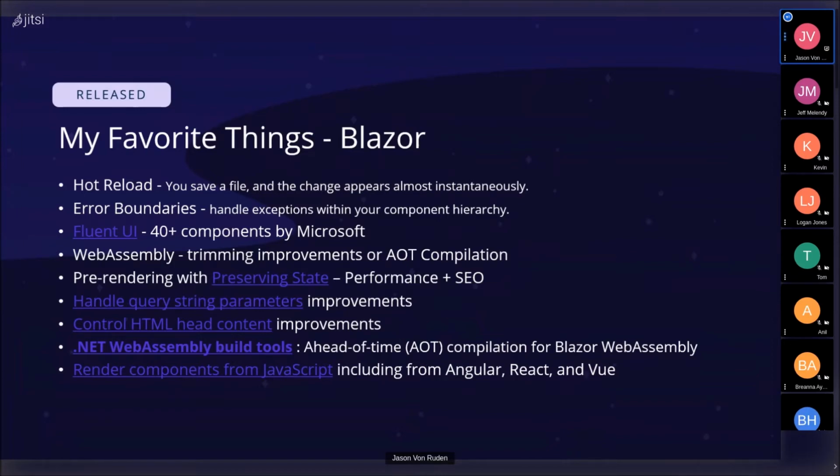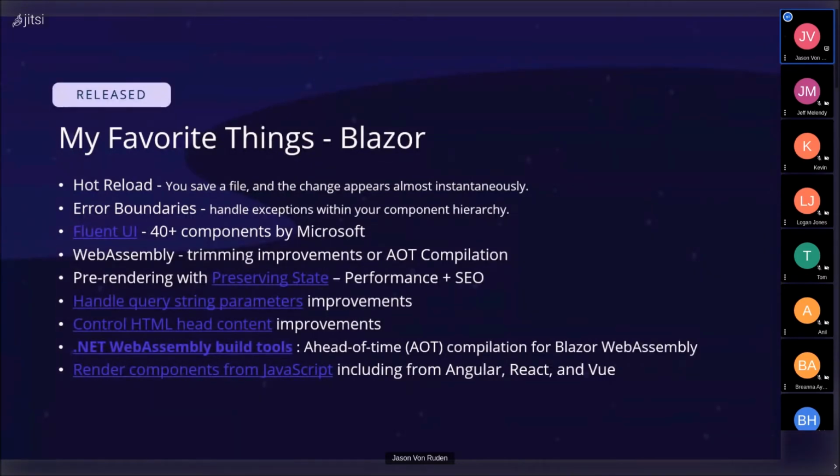I know it's crazy to say, but in the past you had to run JavaScript just to change the title of your page after you went to a route in Blazor. You needed JavaScript to do it. They've added direct support for you to be able to do that from within your application. And this includes more than just the title. Anything you would put in your head section, you can now change through code in your component or your page.